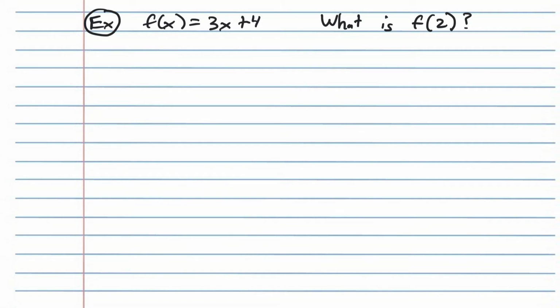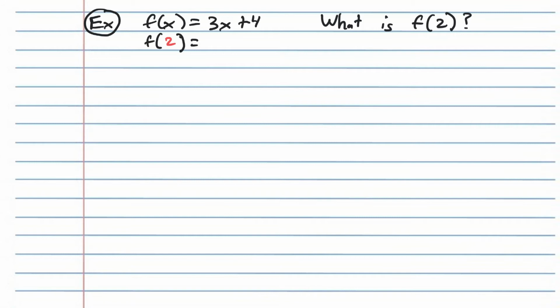Essentially it's telling us to use the f function, which is what we have. So using the f function, what happens when you replace x with a 2? If we write that out, instead of x, we're going to plug in 2.